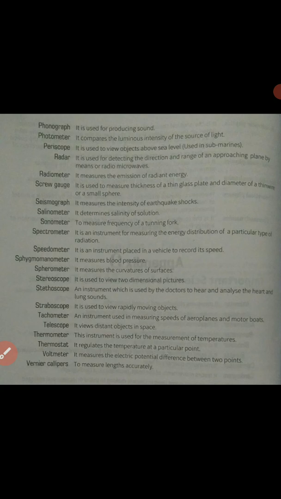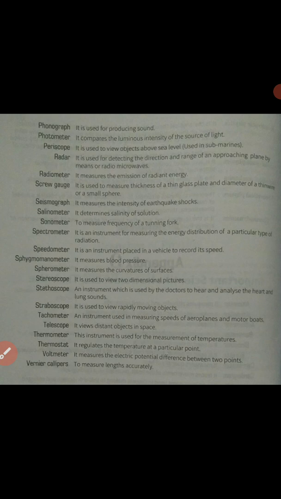Then periscope. Periscope is an instrument which is used to view objects above sea level. Actually used in submarine. Then we will go for radar.